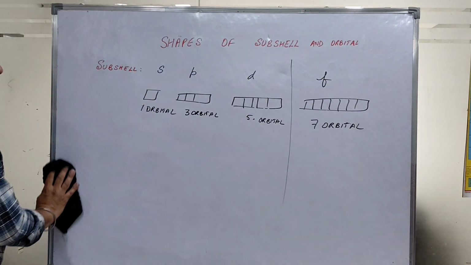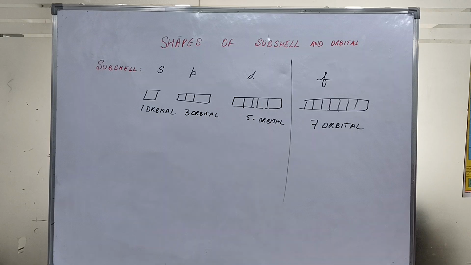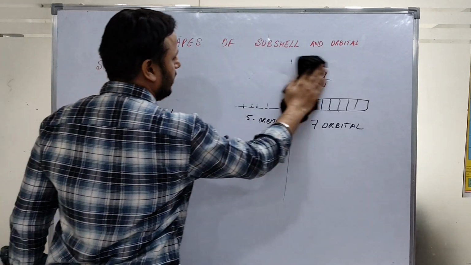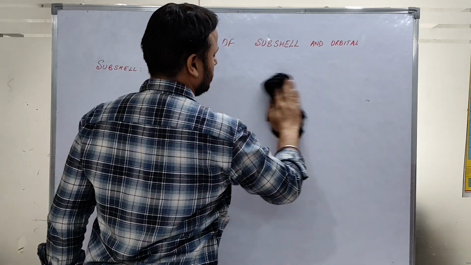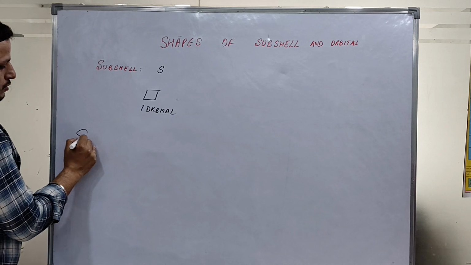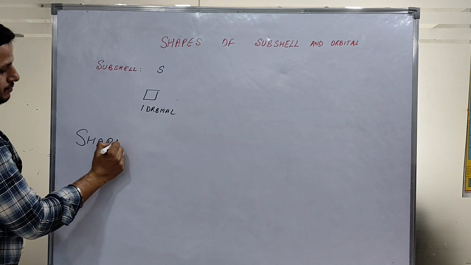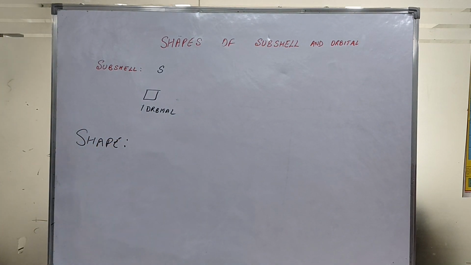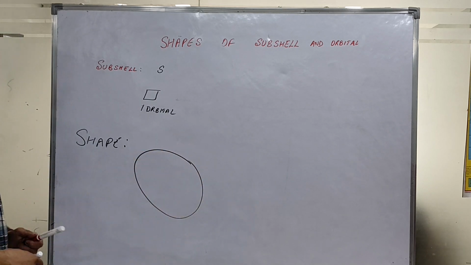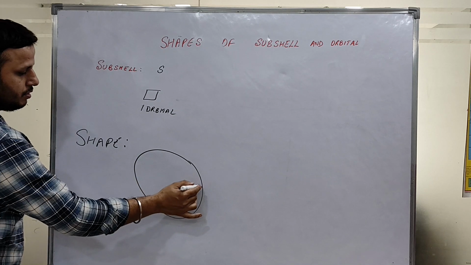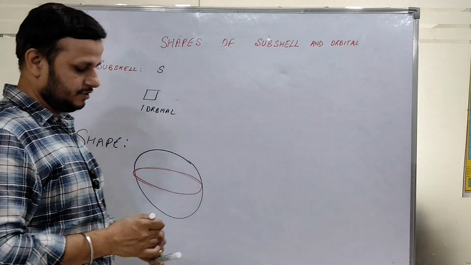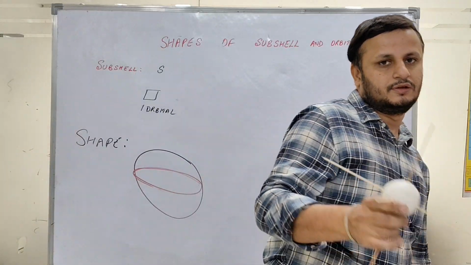So starting with the S subshell, which contains one orbital. The shape of S is spherical.